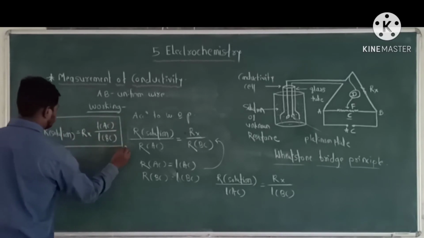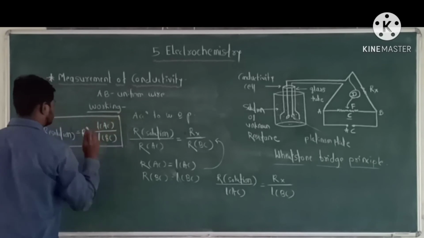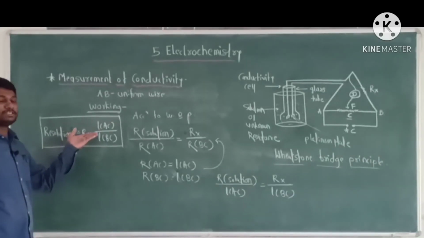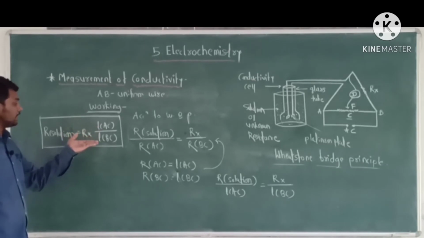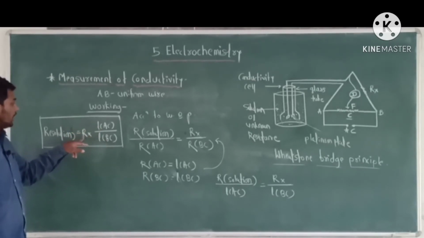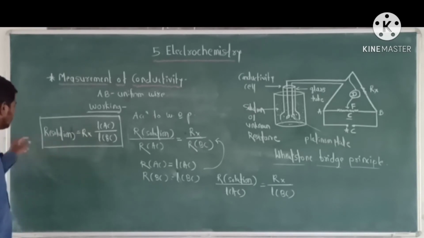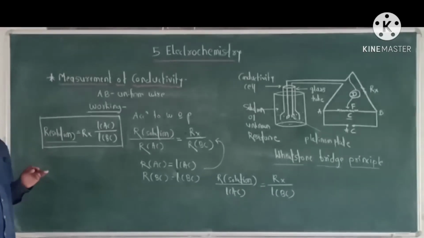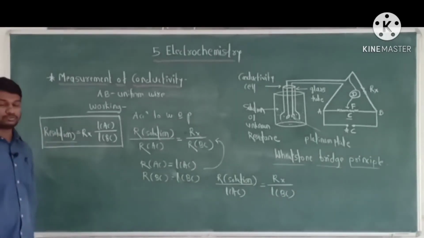By measuring the length AC and length BC, and by knowing the value of Rx, we determine the resistance of the solution.